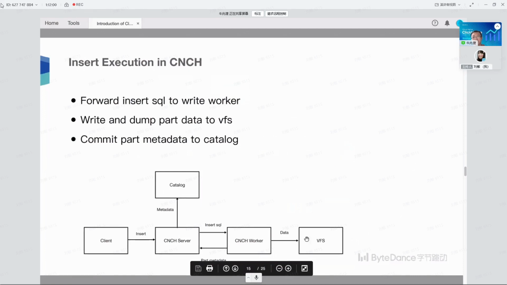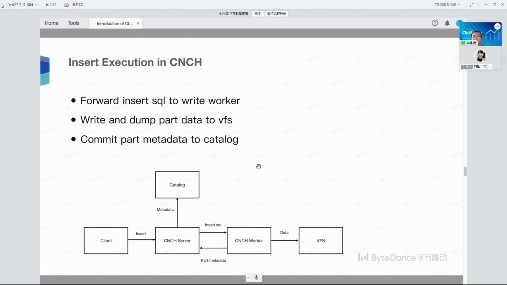And once the data is written to the virtual file system successfully, then it will commit those parts to the catalog side. Then after that, this insert query is complete, and we can send back the success, telling the client side your insert query is executed successfully. Yeah, it's quite simple, and that's how the read query and the write query work in CNSH.